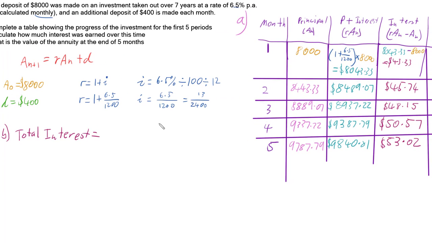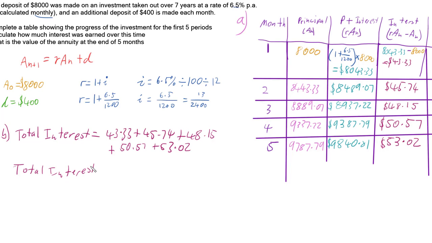We're going to have 43.33 plus 45.74 plus 48.15 plus $50.57 plus $53.02. Adding all of those up in a calculator is going to give us a total interest of $240.81 the bank paid into our investment.